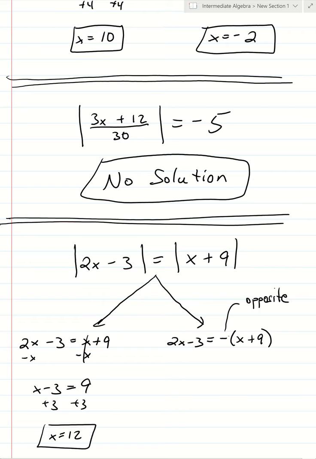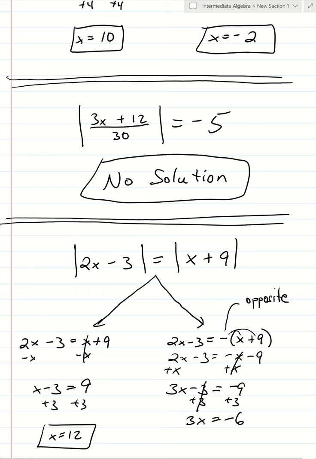When I go to distribute this negative sign, as I need to do, that would give me 2x minus 3 equals a negative x minus 9. Let's add the x over, because we need the variable x on one side. That would give us 3x minus 3 equaling the negative 9. As I add the 3 over, that would give us now 3x equals a negative 6.